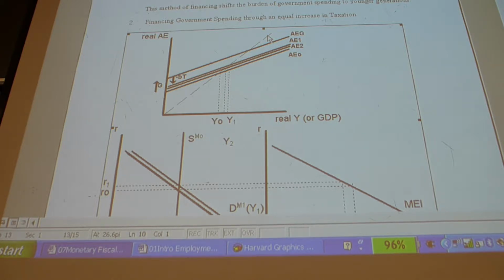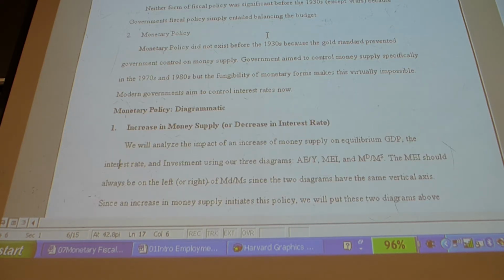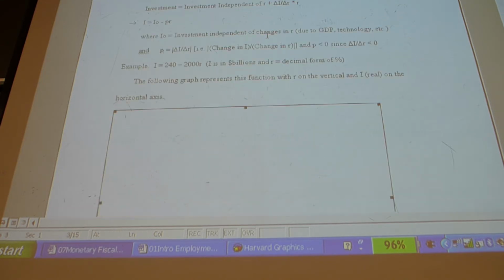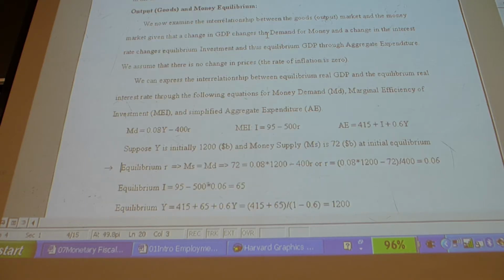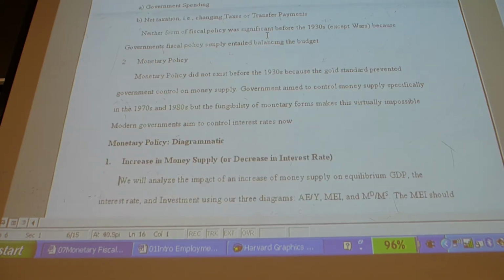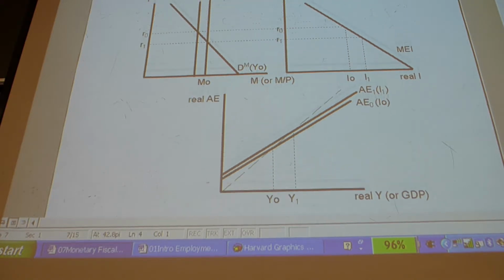Let me quickly remind you, by running through my diagrams here, this is monetary policy. Up here, I explain the marginal efficiency of investment. Let's look at this. These are the 3 diagrams.